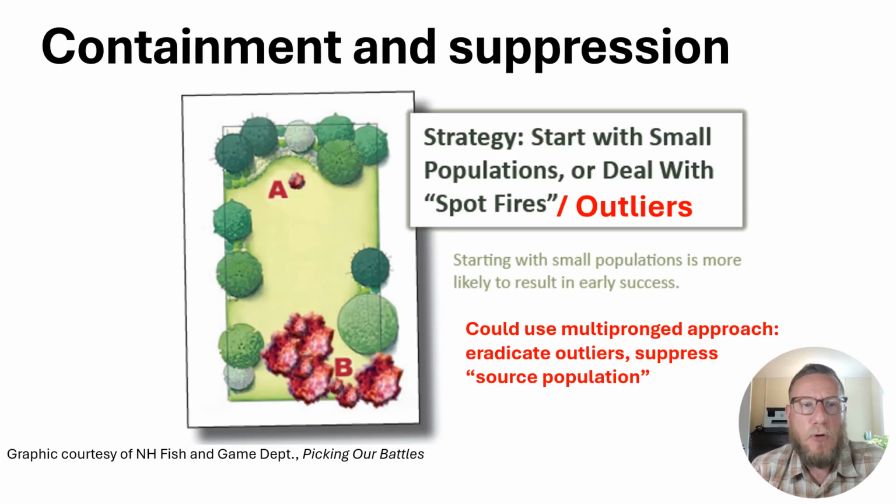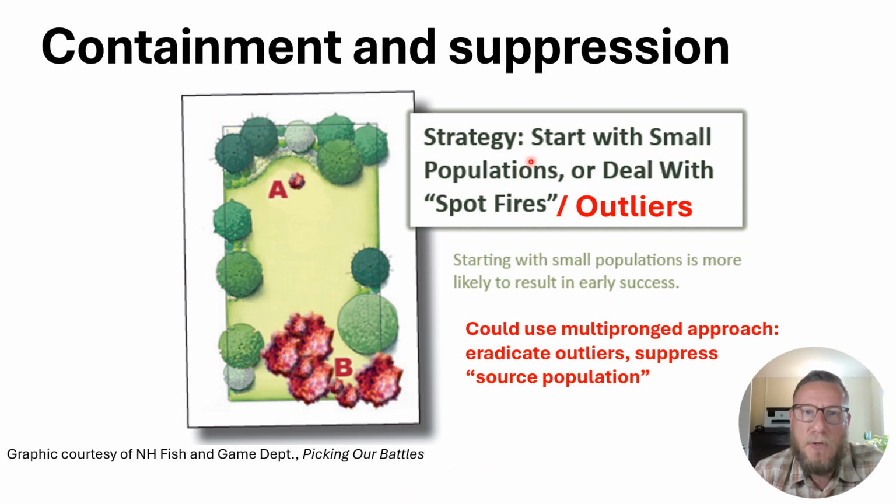All right, and these are some really good ways to think about how we would prioritize our management. Maybe thinking about eradication versus containment and suppression, and just thinking about what you would do in this scenario. Here, these are courtesy of the New Hampshire Fish and Game Department in a publication called Picking Our Battles.